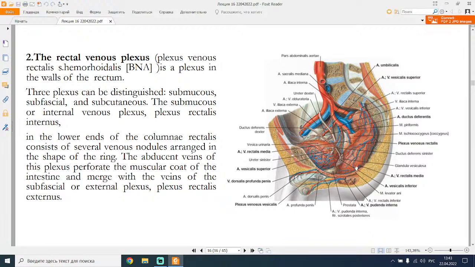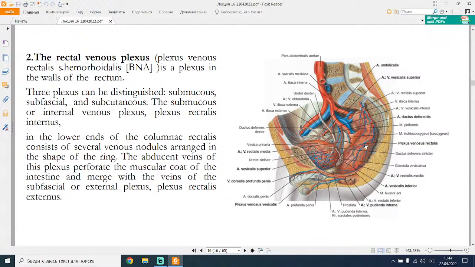In the lower end of the columnae rectales it consists of several venous nodules arranged in the shape of a ring. The adjacent veins of this plexus perforate the muscular coat of the intestine and merge with the veins of the subfascial or external plexus, plexus rectalis externus.